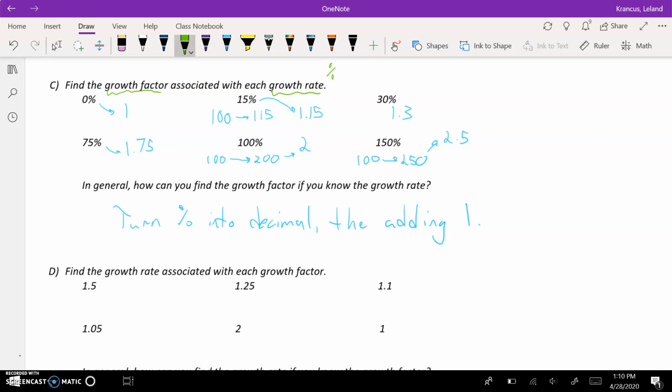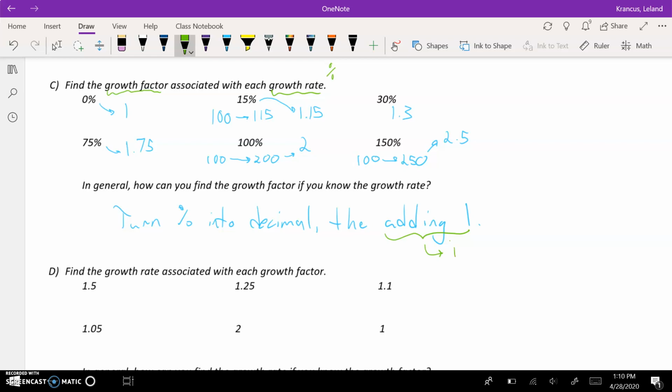So when you're adding 1, think of it this way. If you have something that's worth $100 and it goes up by, let's say, 15% to $115, when you're adding 1, basically that means 1 in percent form is 100%.